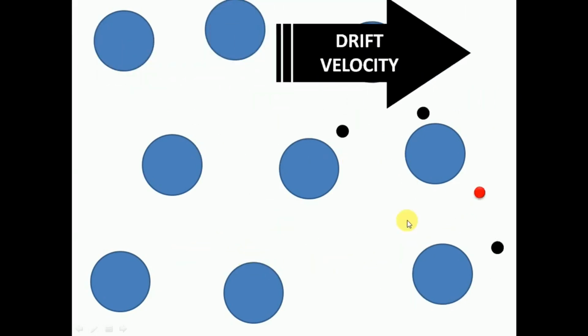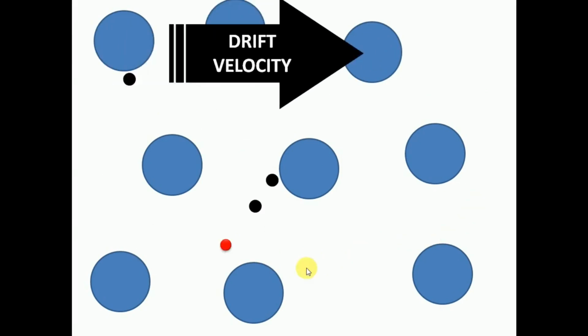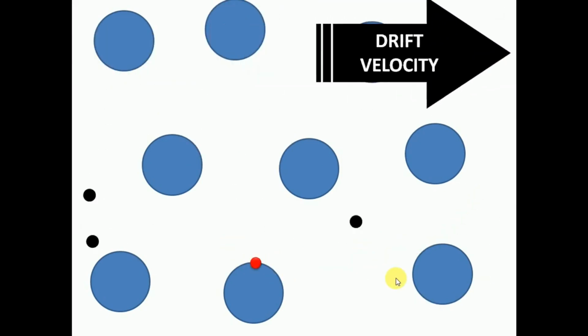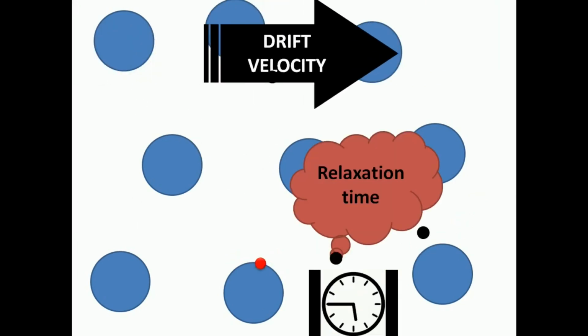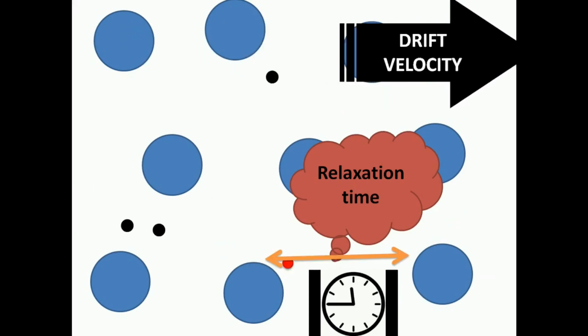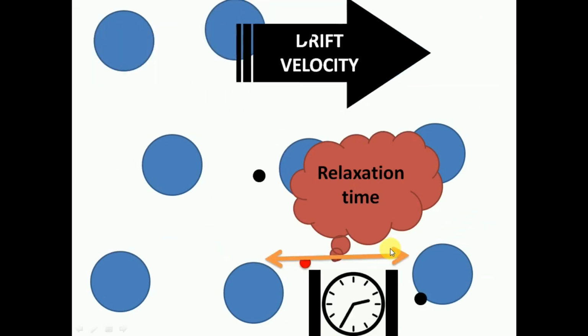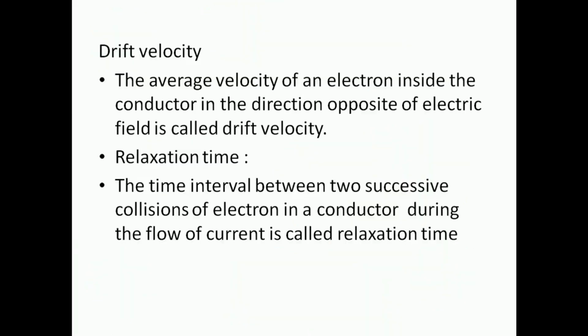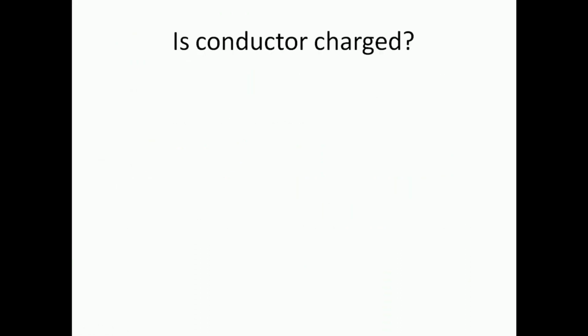If you can see, this small red electron is colliding two times. In between there will be some time it will take, and this time is called relaxation time. It's the time between two successive collisions. So the two terms are drift velocity and relaxation time. You can pause the video and copy the definition.